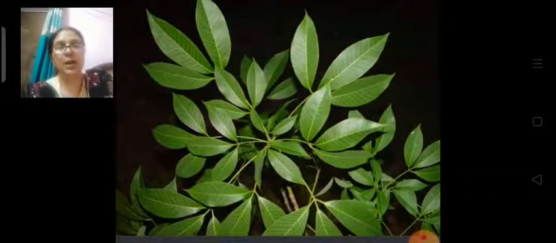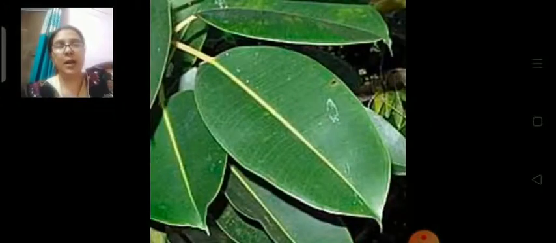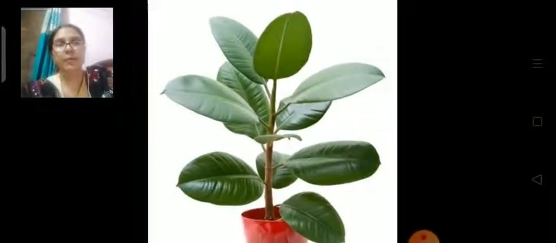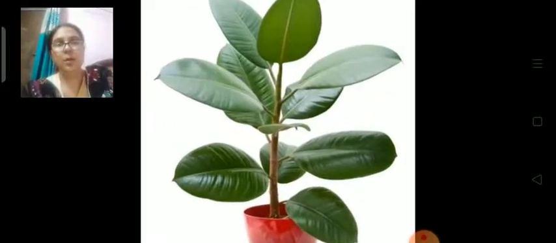These are the tender leaves of the rubber plant, and here you can see a full grown leaf. Many people keep this rubber plant as their indoor plant.